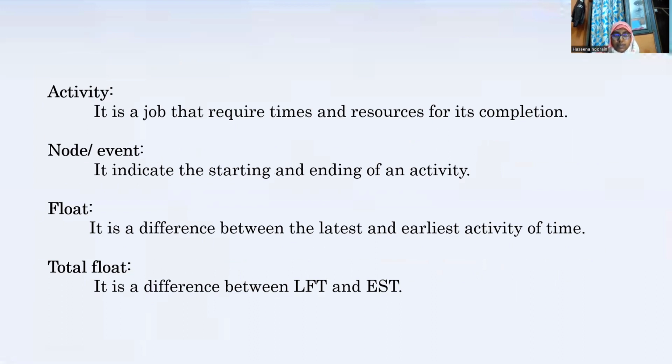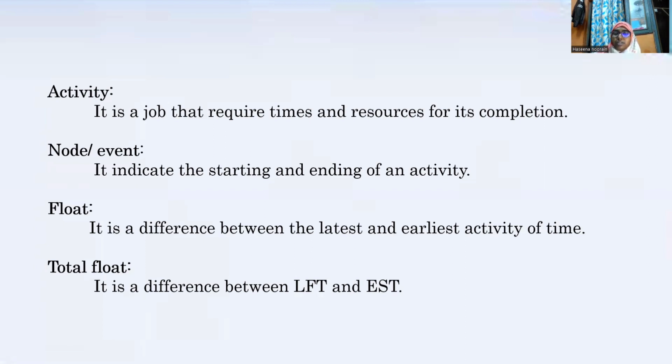The next one is some key points which we use while calculating the project. The first one is activity. It is a job that requires time and resource for its completion. The next one is node or an event. It indicates the starting and ending of an activity.